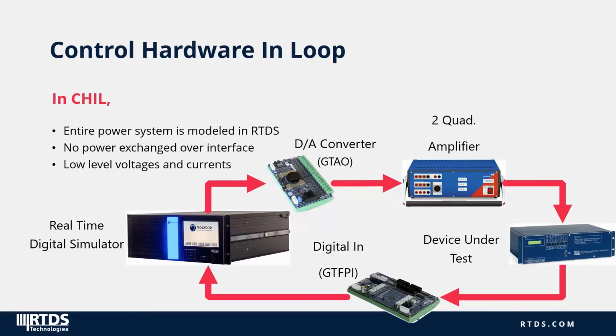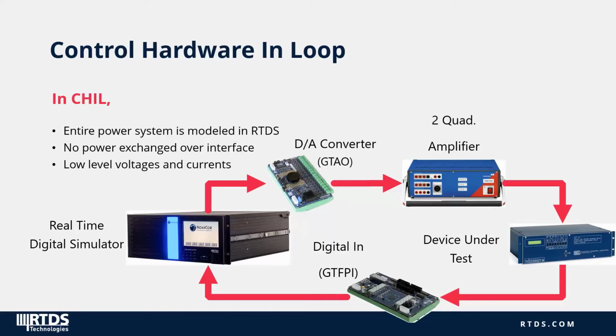In this setup, the entirety of the power system is going to be modeled inside the RTDS simulator. Then, in order to interface to the controller, we need to send some signals out, like the secondary side voltages and currents, and get those signals to the device under test. We also need to bring some signals in, such as the trip and reclose commands from the relay. We need to bring those signals back into the RTDS simulator.